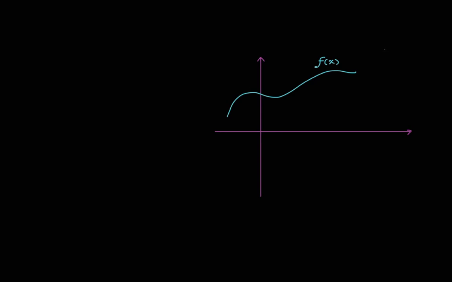In terms of transformations, we're interested in how we can change our function such that the graph of this curve will change in some way. So the different types of transformations that we're eventually going to be looking at involve things like, for example, a reflection.